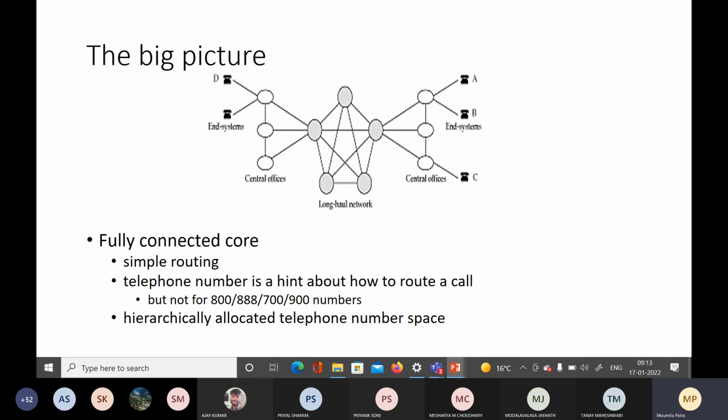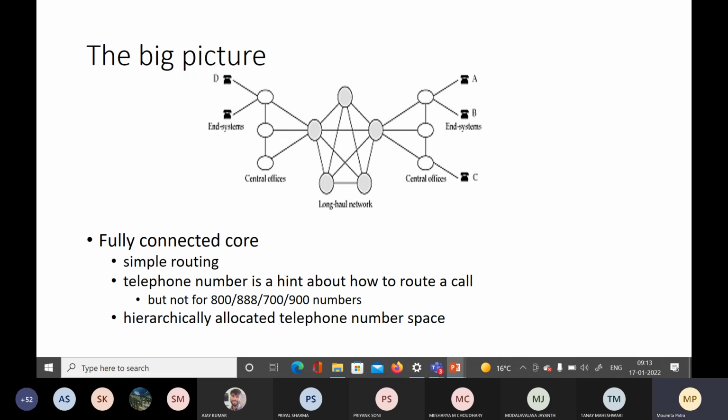For certain emergency numbers, you do not have to route the call through a particular source and destination. It will directly connect you to that particular destination, no matter where you are calling from. Once you dial this, the call will be connected via your central office to the particular destination.